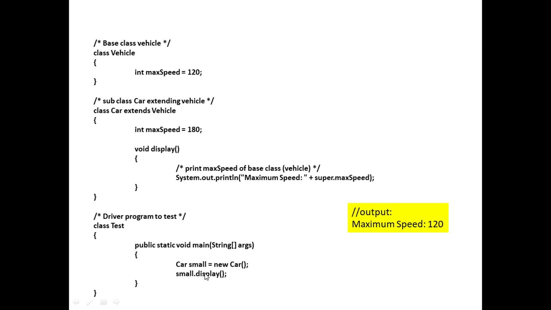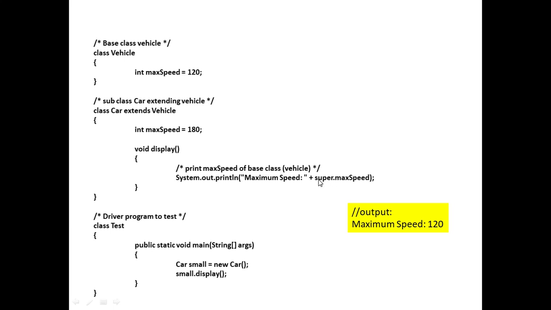Though this display method is from the derived class, if I write only maxSpeed here, the output will be 180.